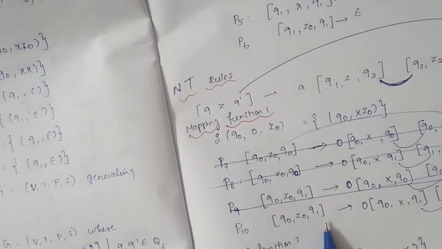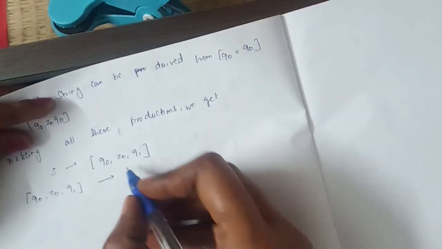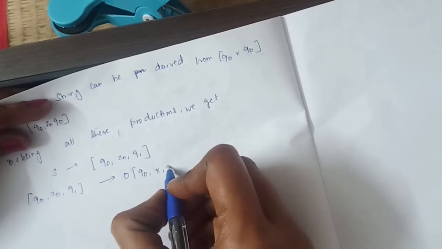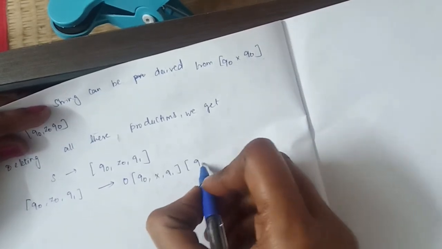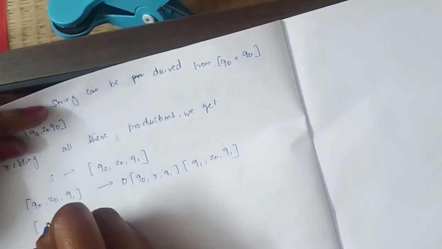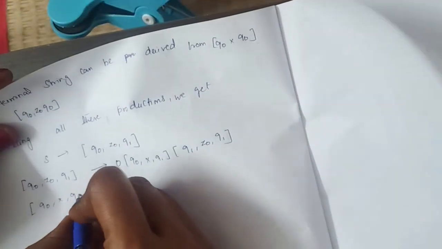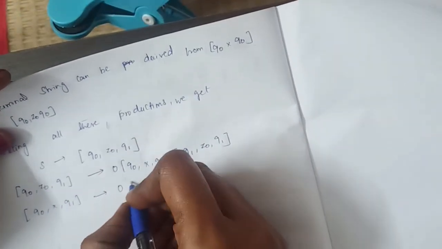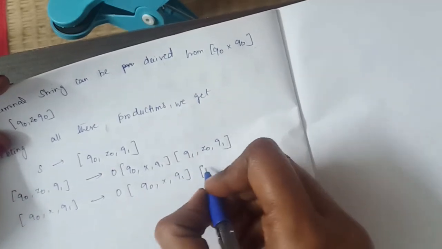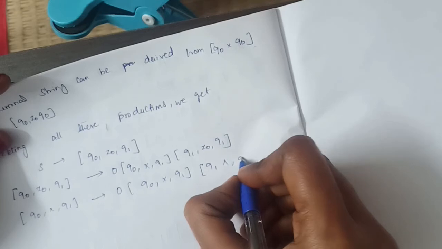So it is generating 1, right? So we have taken it out. Similarly, what are the next ones left out? Q naught x q1, q naught x q1, and q1 x q1.